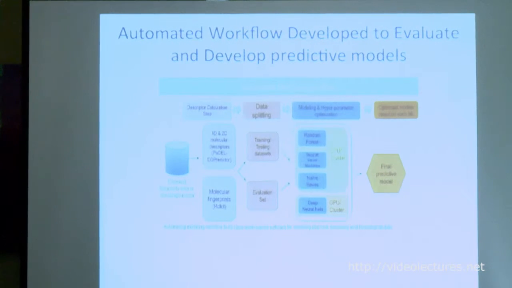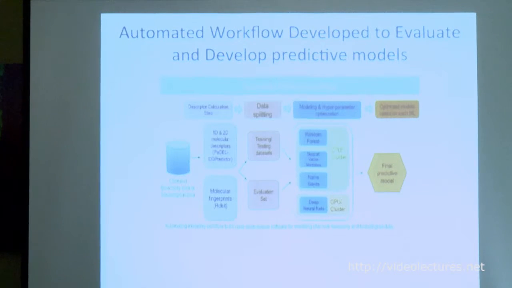So what we did is that we collected a large number of bioactivity data from different resources, and we systematically divided them into training and testing data. On the training data, we optimized all the parameters using, again, cross-validation. Then we built the models from the training data.